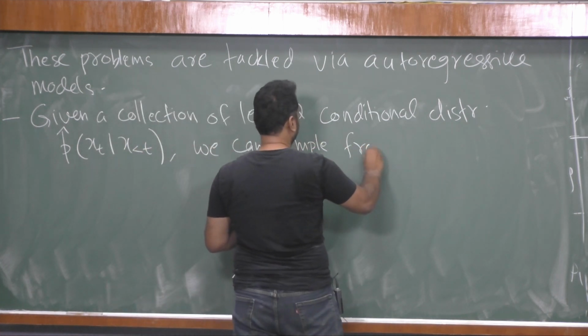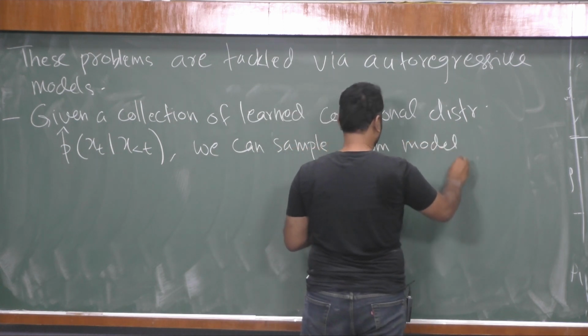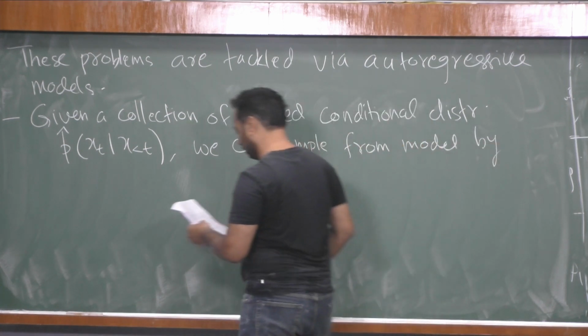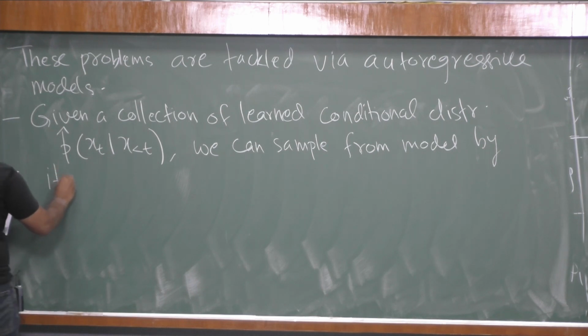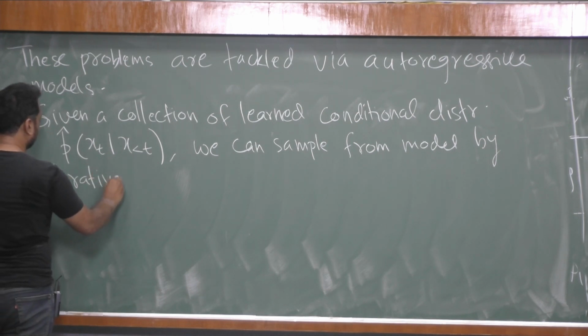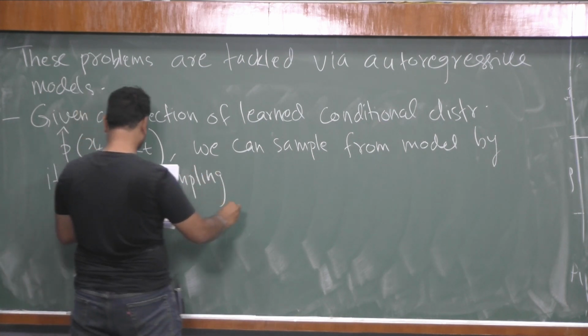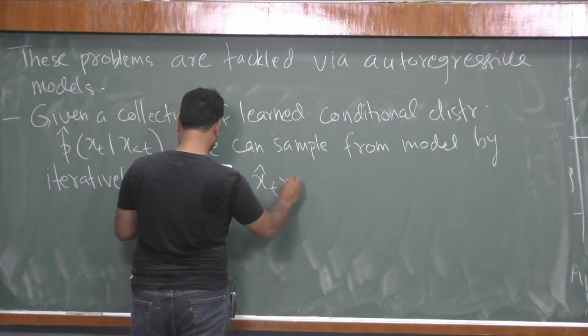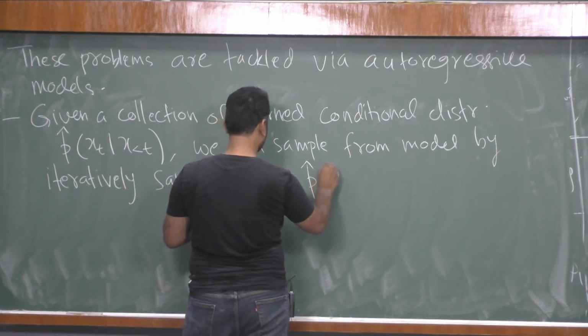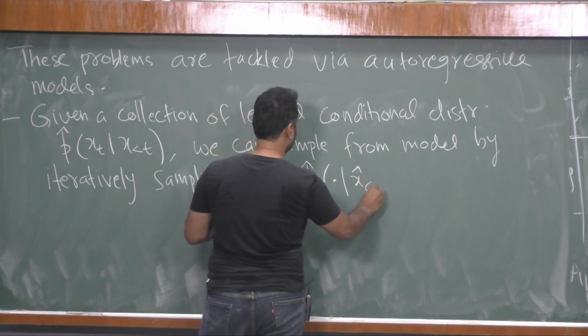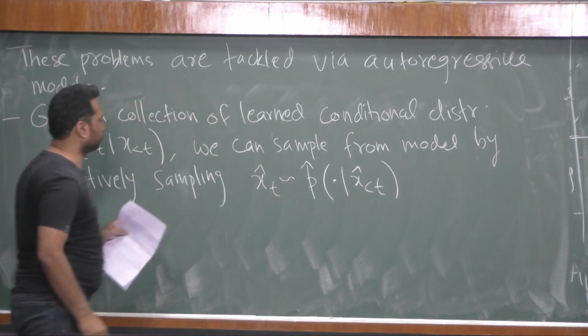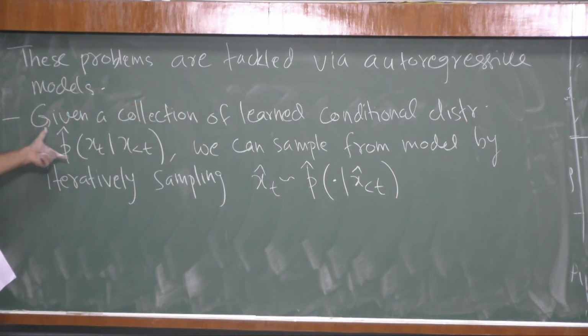from the model by iteratively sampling. So I have learned a distribution, hence now I can sample, having seen up to t minus 1, I know how to predict xt.